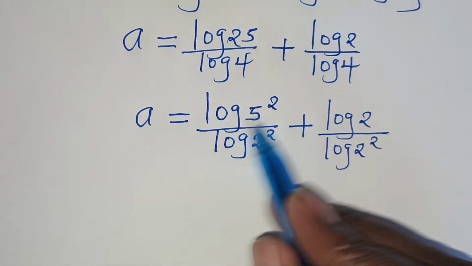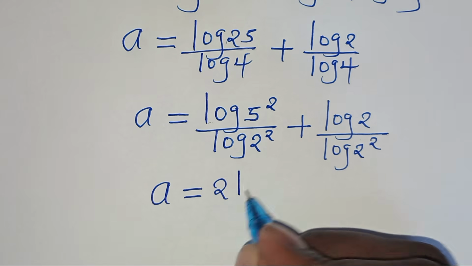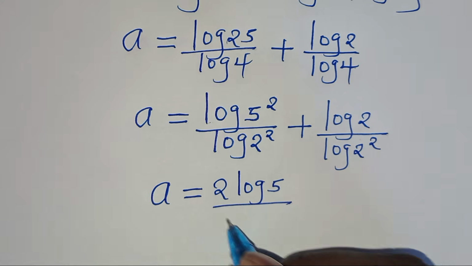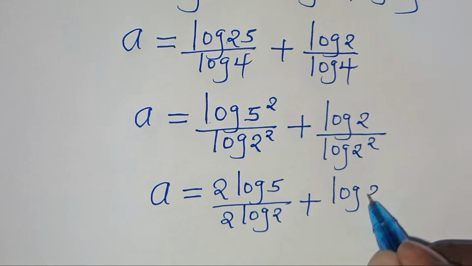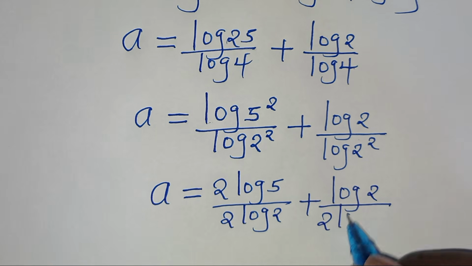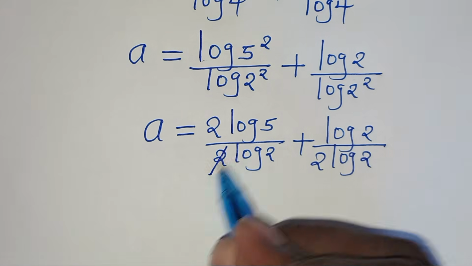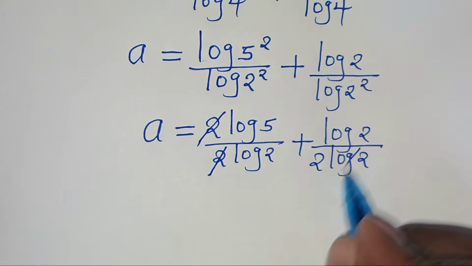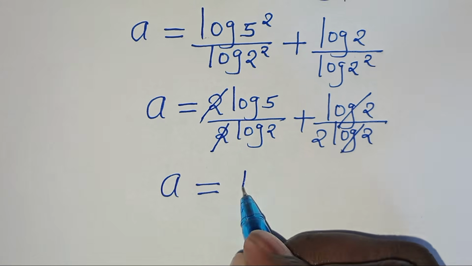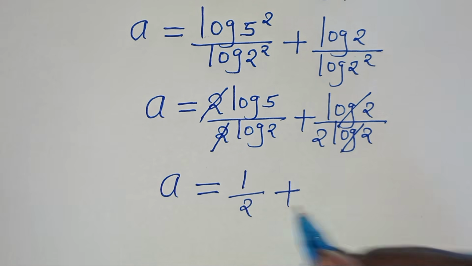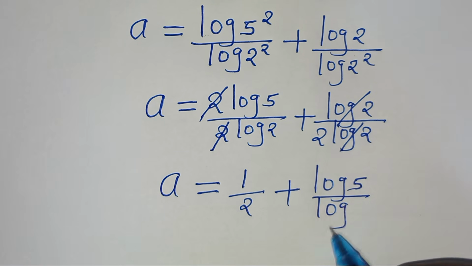So let's apply the power log property here, so that a is equal to log 5 to the power of 2 becomes 2 log 5 divided by 2 log 2, then plus log 2 divided by 2 log 2. So let's simplify here. 2 and 2 simplifies. Then we have log 2 and log 2 here simplifies. So we have that a is equal to a half plus log 5 divided by log 2.